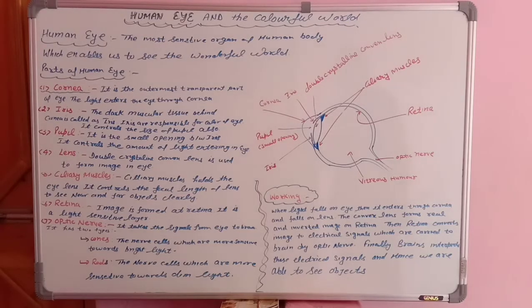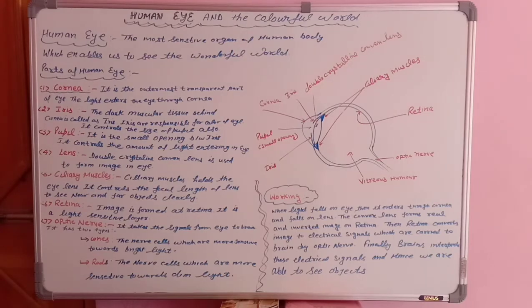That's why if you are watching movies, TV, or using your mobile phone for a long period of time, you can see the effect directly on your brain and head, because our eyes are connected to our brain. Our brain finally interprets those electrical signals, and we come to know what we have seen.